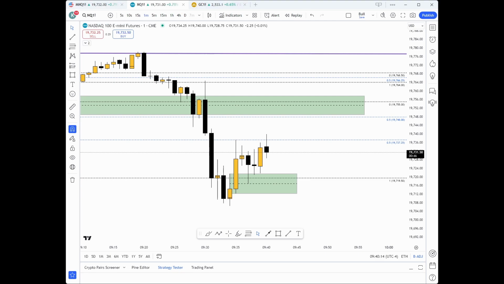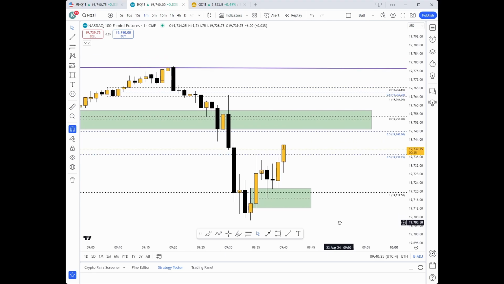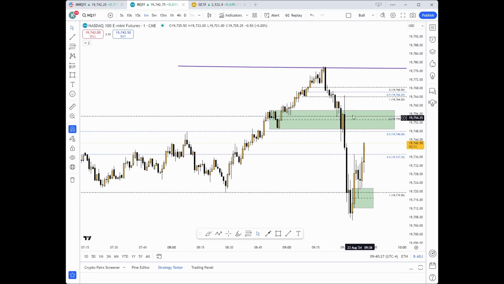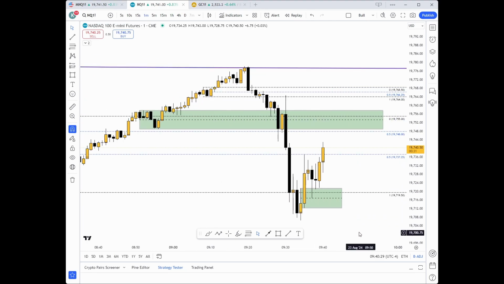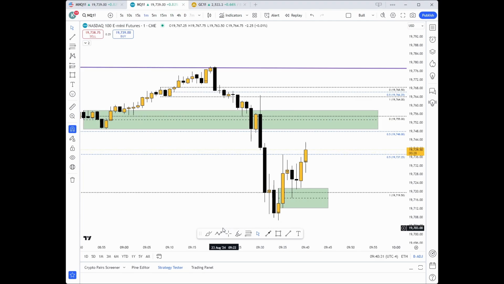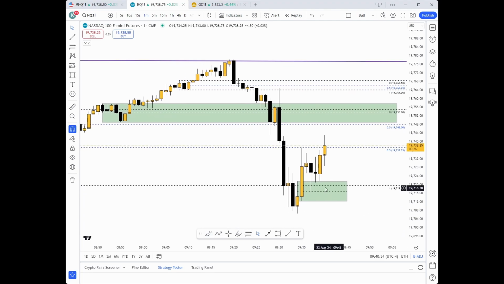I just took my long off there. We'll see if I get a re-entry if there's a poor bar. I was expecting a little bit more. Could be wrong, for sure. Right, I'd really like to trade back up into here. I like this location. I took it off of this sweep failure.